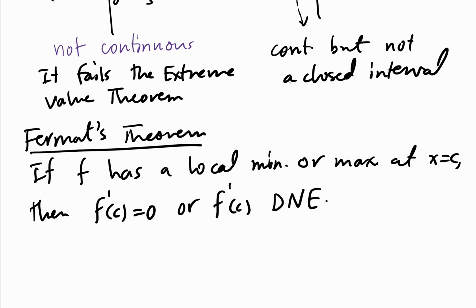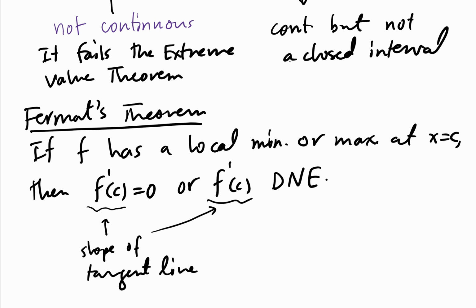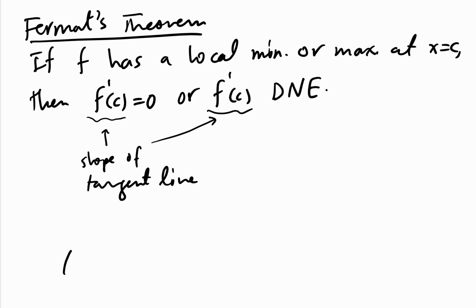So what is f prime? F prime at c is the slope of the tangent line. So when the slope of the tangent line is 0, you're going to have a horizontal tangent line, like this, or it could be like this. That's when f prime at c equals 0. That's when the slope is 0.